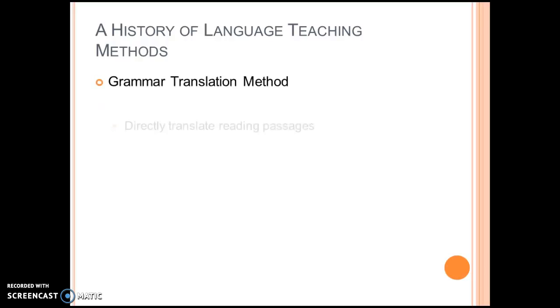First one to look at is the grammar translation method. People would give them a reading passage and have them write out the exact translation of what that passage said. Now, that allowed them to be able to write, to understand that this word might mean this and this word might mean that, but it might be harder for that student to write a coherent sentence.